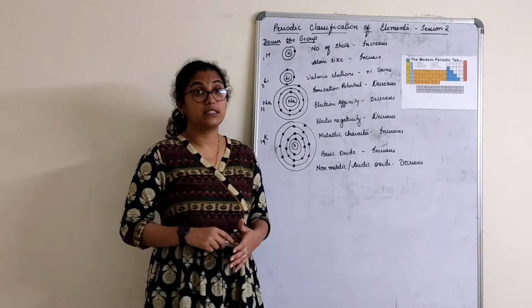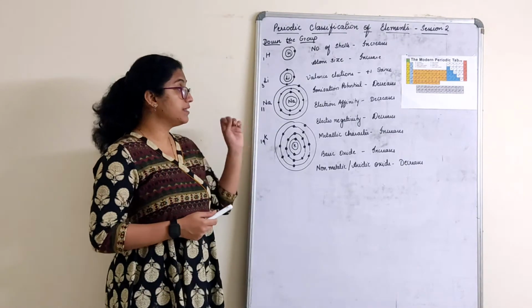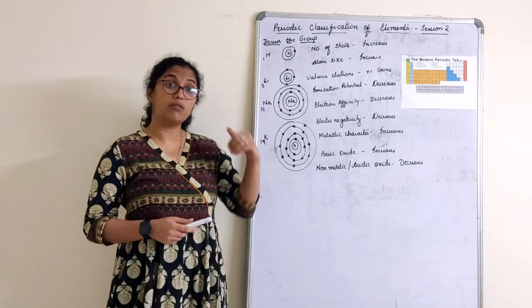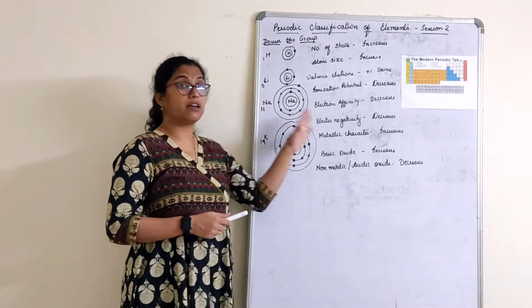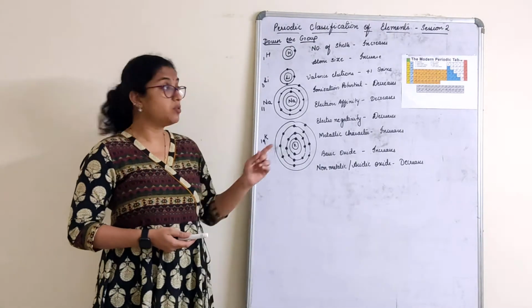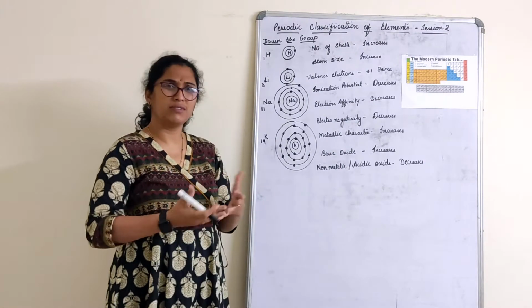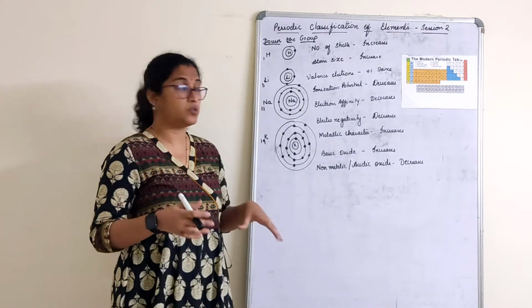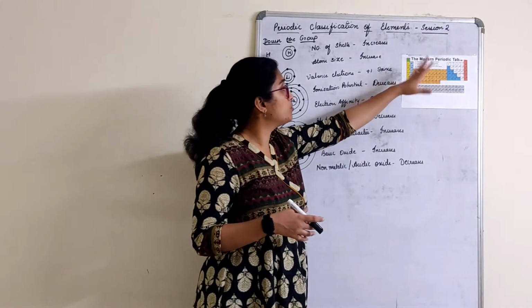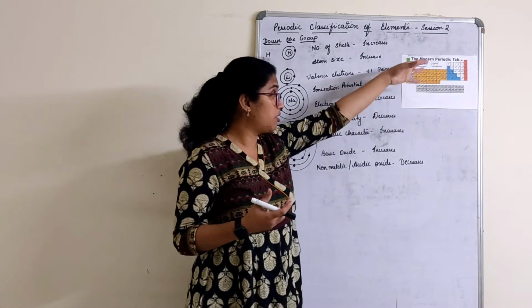So, let us understand the significance of these elements when they go down the group and when they go across the period. Down the group, here I have chosen group 1 elements. Why group 1? Just a random choice. You can as well choose group 2, group 3 of course you cannot, or the further groups.